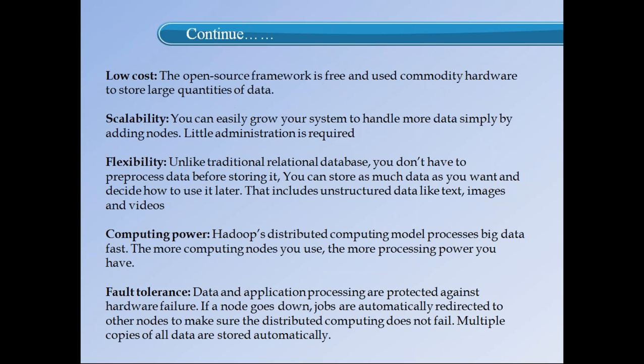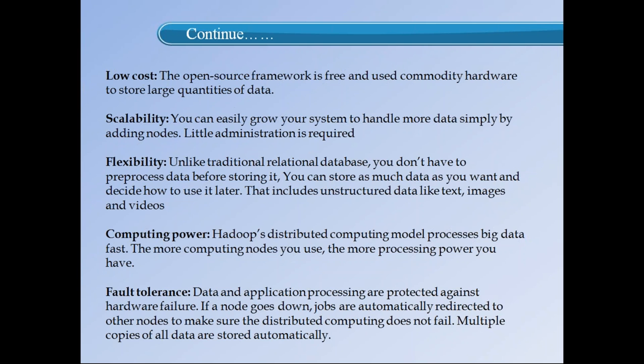You will require 15 terabytes to store. At that moment you can add 5 data nodes, or 1 data node with 5 terabytes, and scale your cluster. That's a feature of Hadoop.